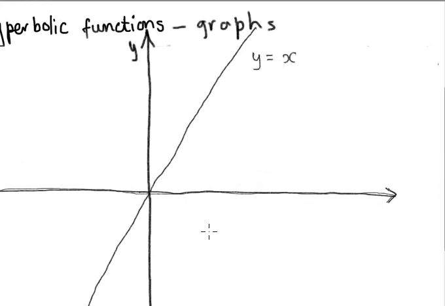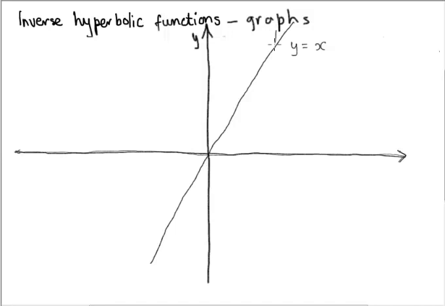Now let's think about the graph of the function y is equal to sinh x. I suppose we have forgotten how it looked, right? It looked more or less like this. I think I pulled it too much here.